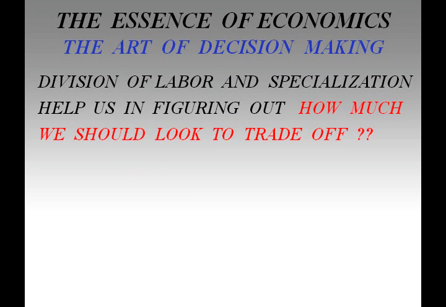The division of labor and specialization certainly help us figure out how much we should look to trade off in our decision making. However, how much or how far should we go in implementing division of labor and specialization?